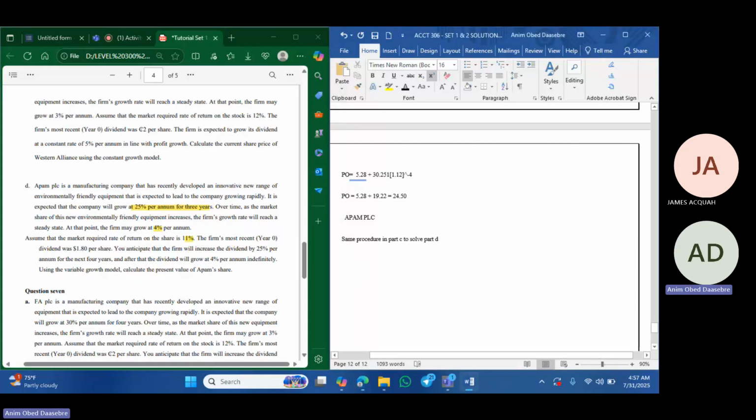So we have Gen 1 to be what? 25%. Gen 2 to be 11%. Gen 2, this one is R, 11%.